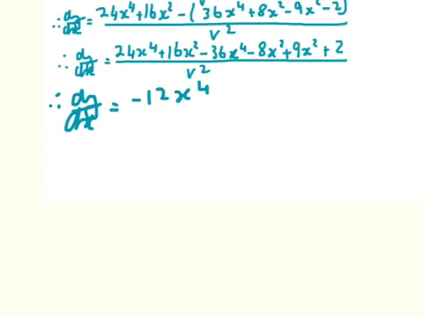I've got negative 8 plus 9, so that's plus 1, and then plus 16x squared there is plus 16, that is plus 17x squared. So that's the x squared and x to the power of 4 terms. Now we've just got 2 left over, I do believe, so plus 2. There were no terms with just x in them, were there? And that's all over v squared.